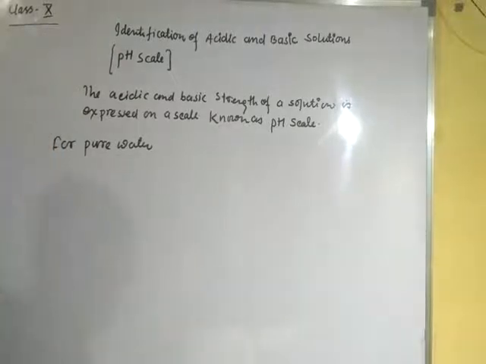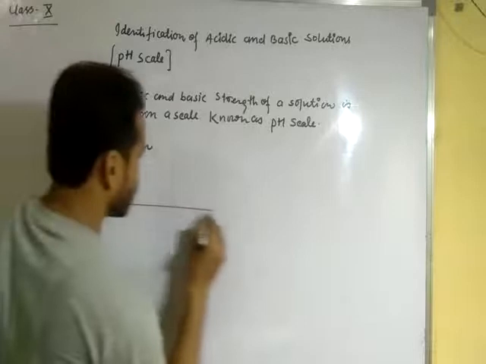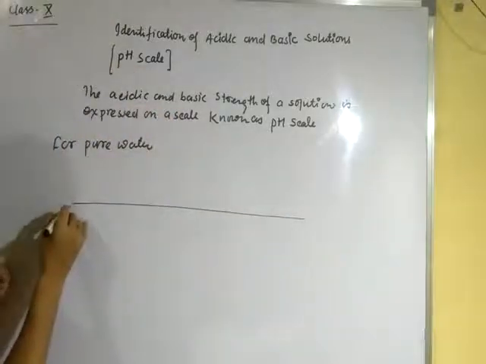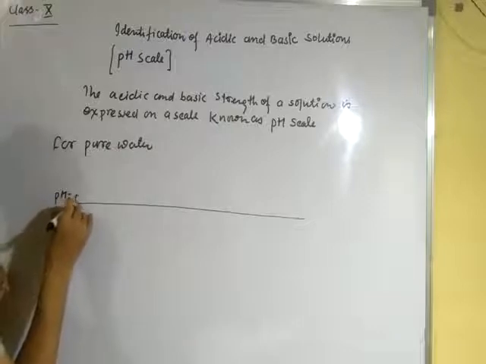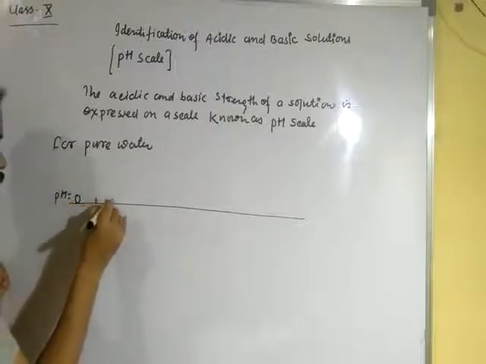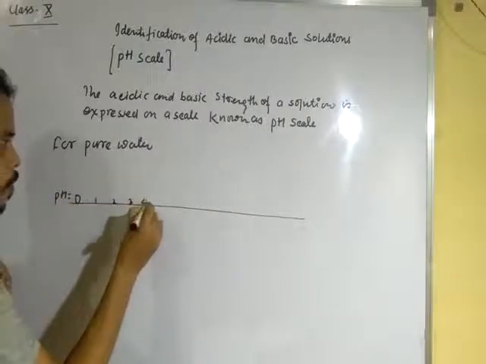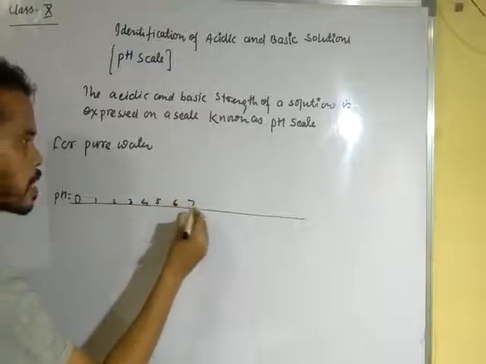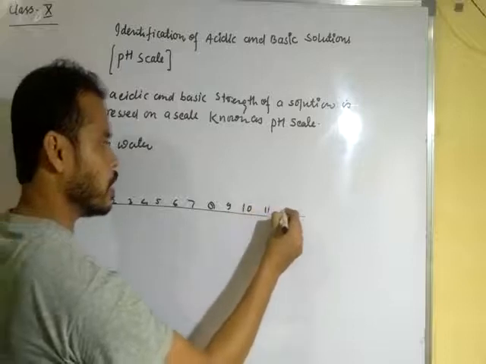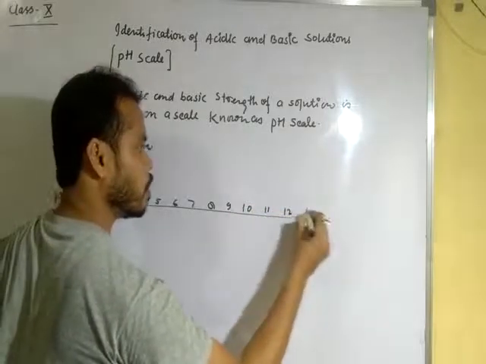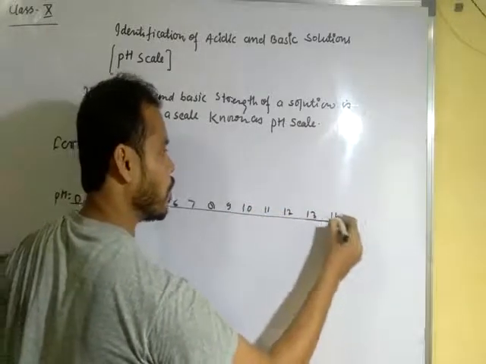How does the acidity and basicity increase? How does the pH value increase and decrease? Let us see the pH values: 0, 1, 2, 3, 4, 5, 6, 7, 8, 9, 10, 11, 12, 13 and 14.